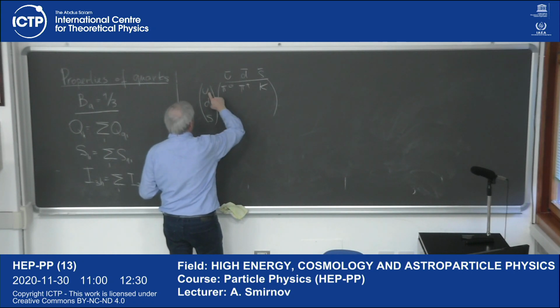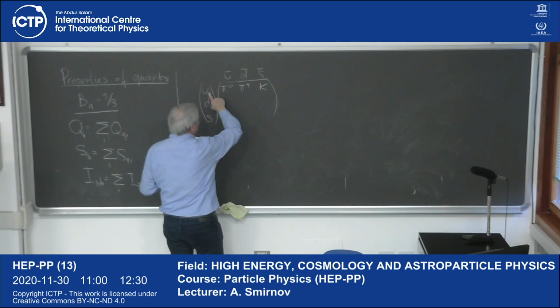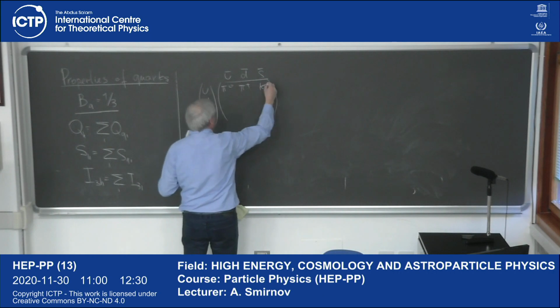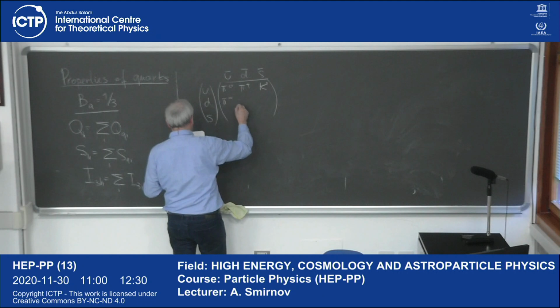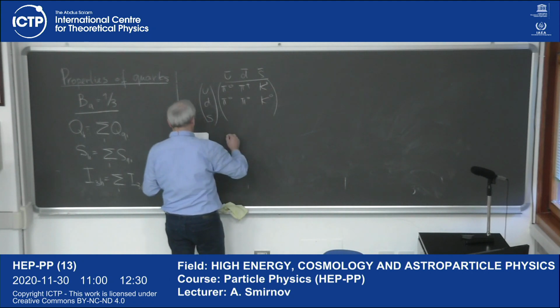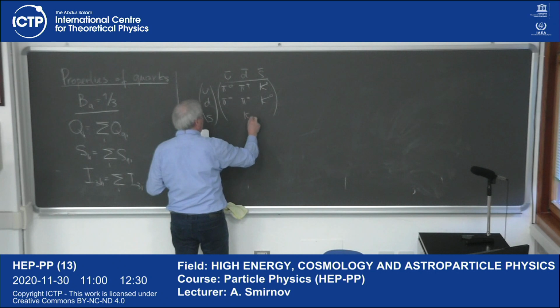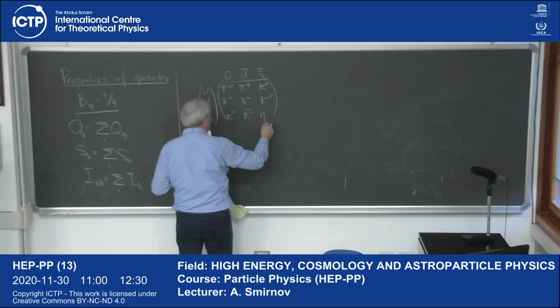Let's see, U is plus 2/3, and this is minus, plus 2/3 minus. Pi 0, again pi plus, and this is some combination which I will tell you. So this is K 0. This is K0 bar, here is K minus, and this is eta.